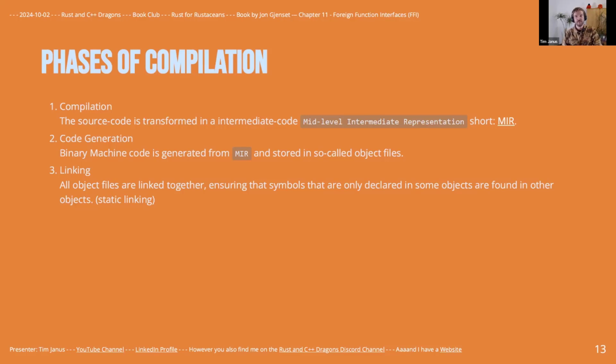And that is also happening, for example, with C. So we end up after compilation and code generation, at least with native languages, with some binary machine code, so-called object files. And then when we have these object files, there's a program called the linker that gets them all together. At this stage, we can mix C code or C++ code with Rust code or with Python code. In the end, most of it boils down to a C-compatible interface or application binary interface.